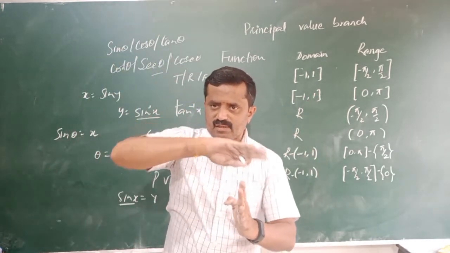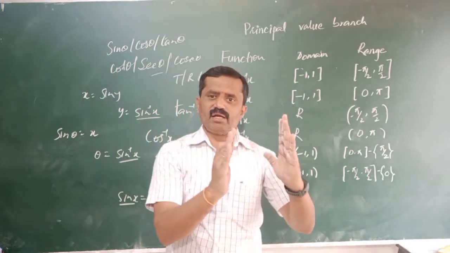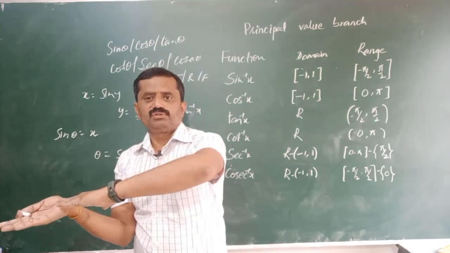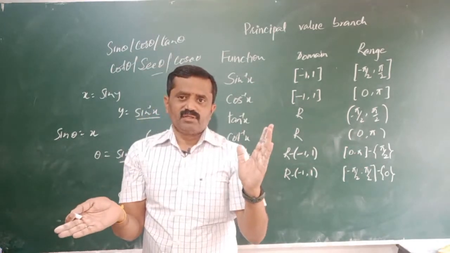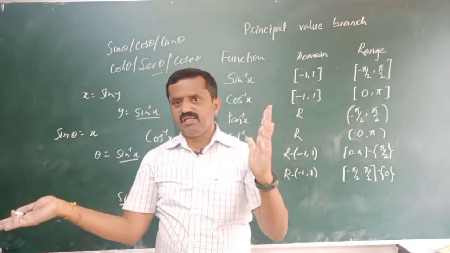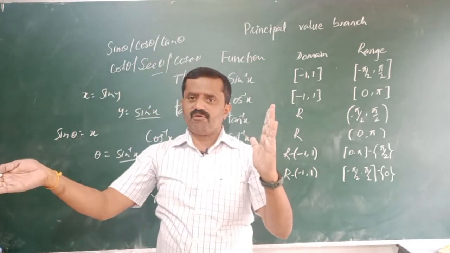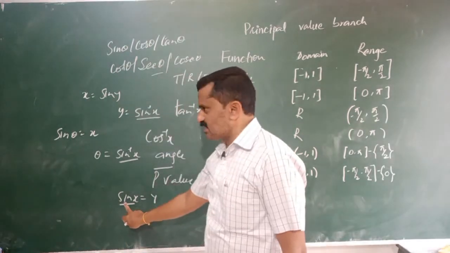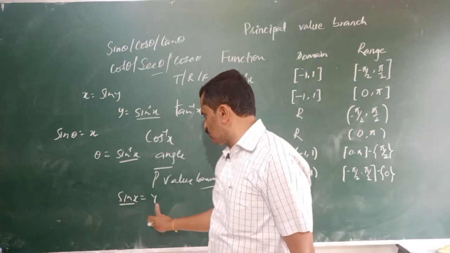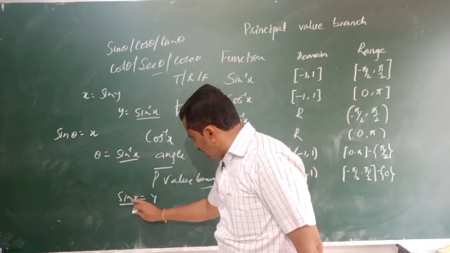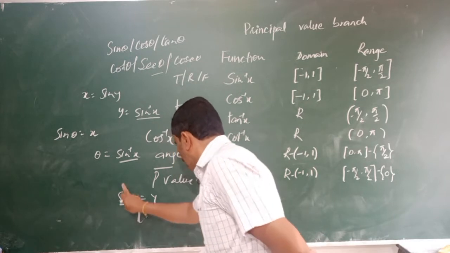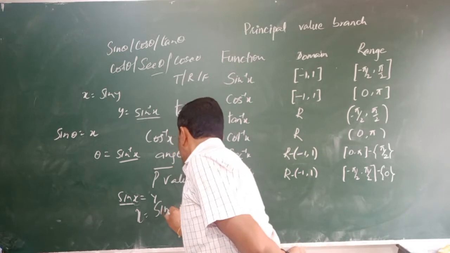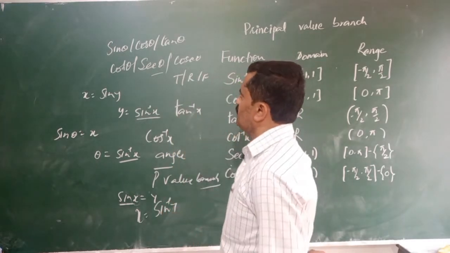So this is a trigonometric ratio, that is sin x is equal to y. Therefore, what is x? It is the angle. Therefore, x is equal to, now this becomes an inverse trigonometric ratio, that is sin inverse y.